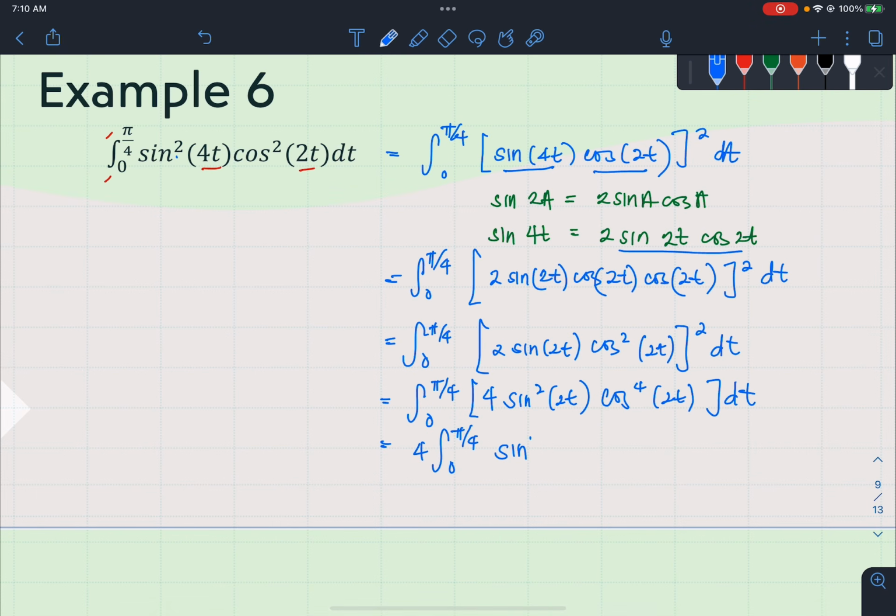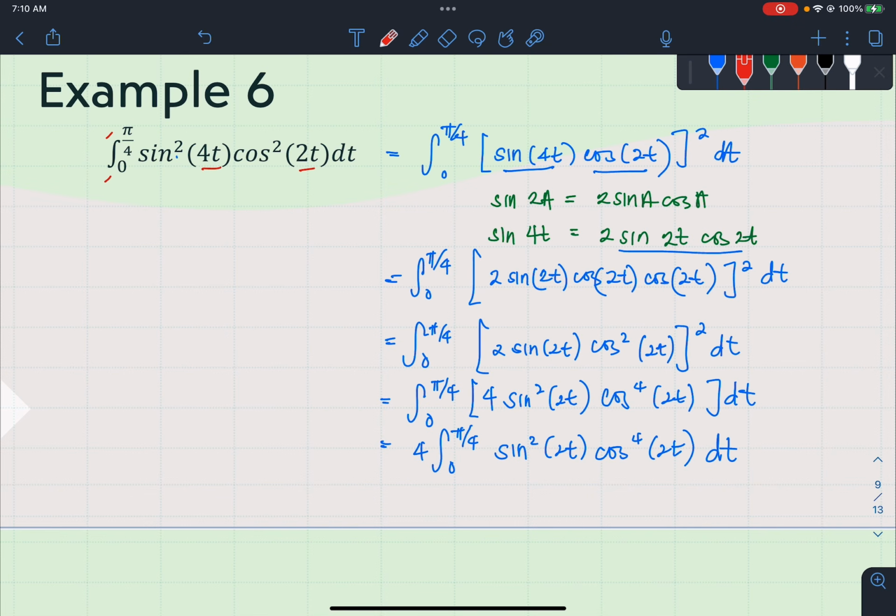Then I'll have sine squared 2t cosine to the 4th 2t dt. Okay, so now we were able to resolve the angle, it's now the same, which is 2t. The other thing here is, again, it's still not a single angle, and at the same time, the upper limit is still pi all over 4. So what should we do?